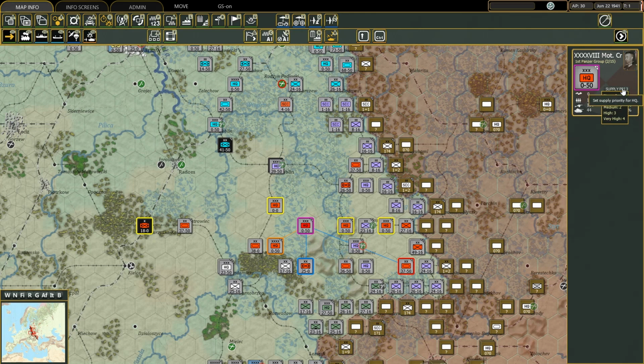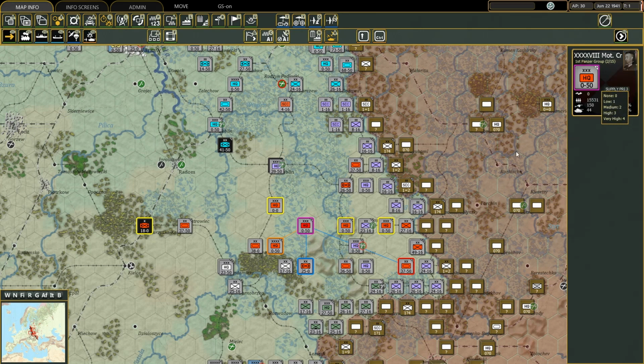Supply priority is very intuitive because it works during the logistics phase, and the way it works is that first of all the supplies will go to the units with the very high priority. Then, if you have supplies left, they will go to the units with the priority level of high or level 3, and so on and so forth.